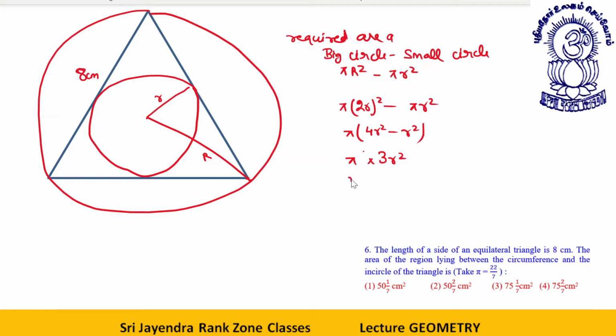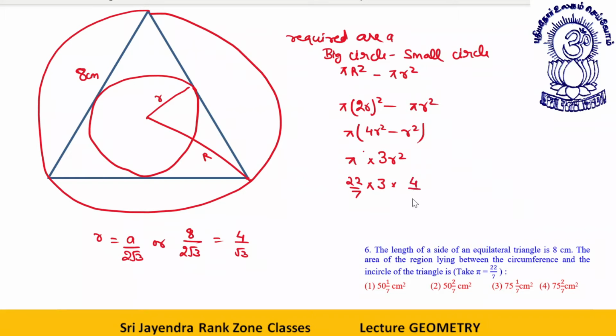Clear? So 22 by 7 into 3. What is the value of small r? Small r is A by 2 root 3, and what is A? The side, 8. So this is 4 by root 3. Clear?